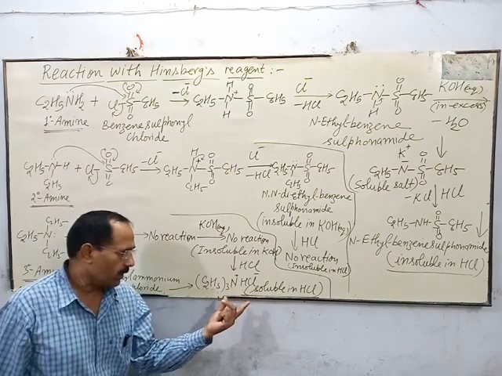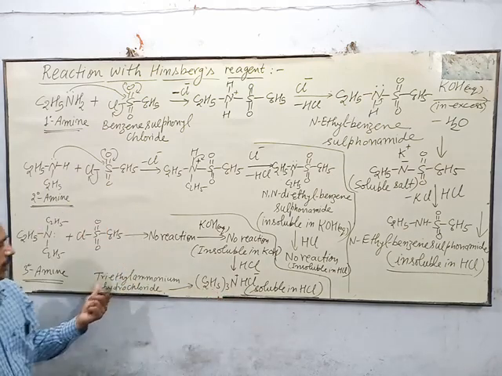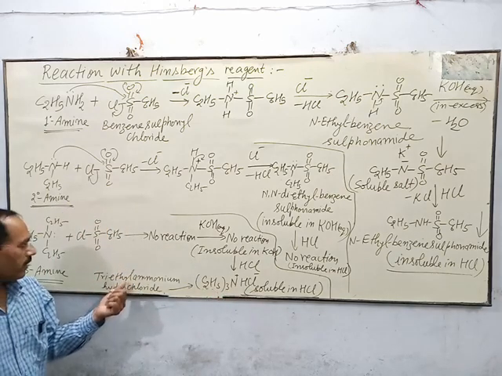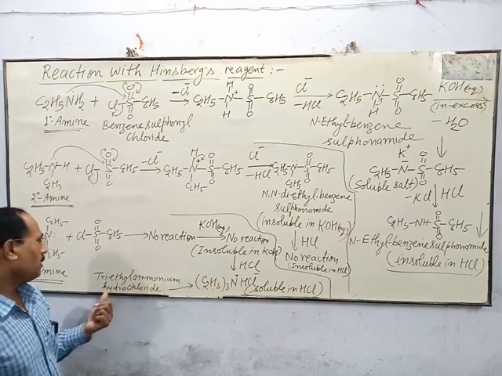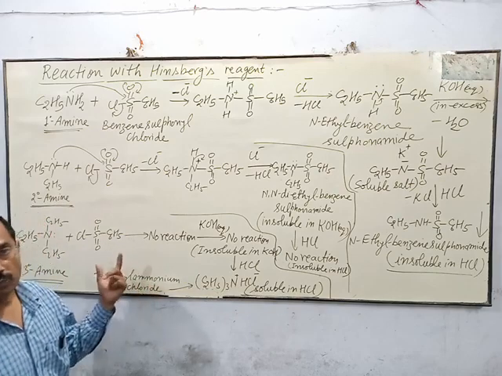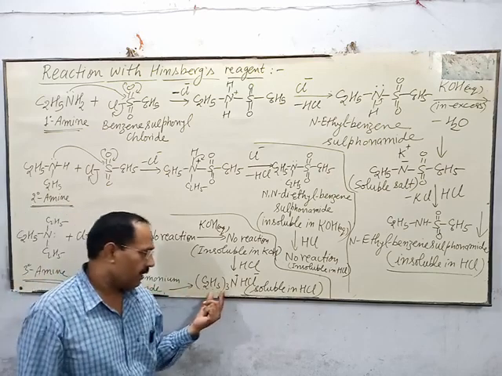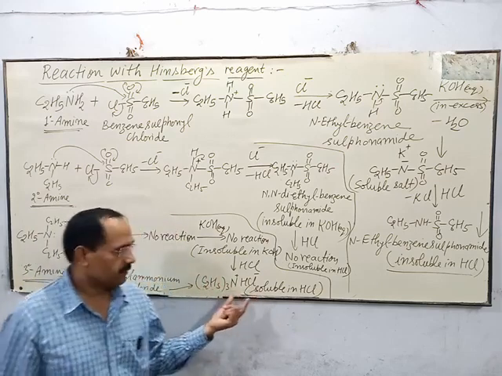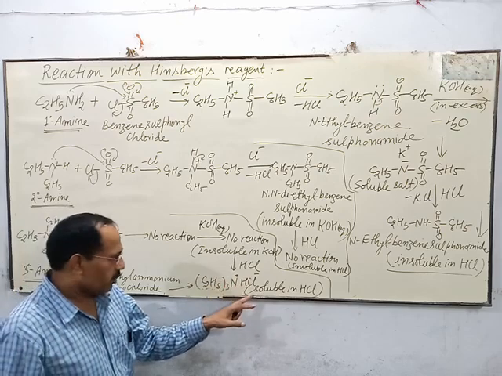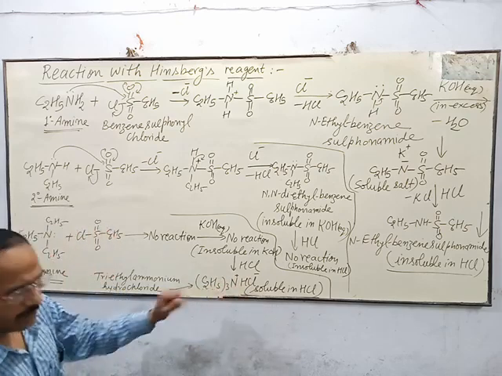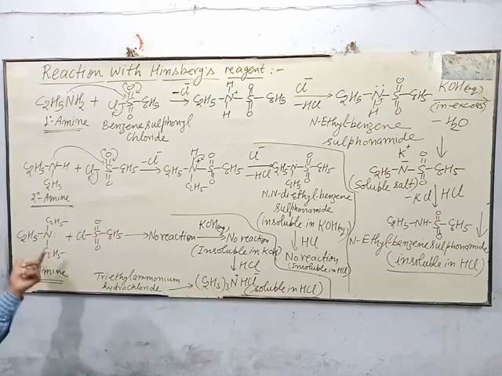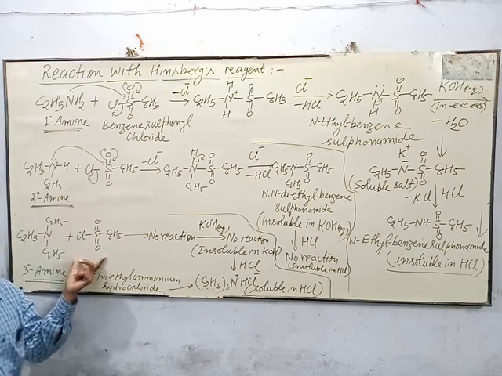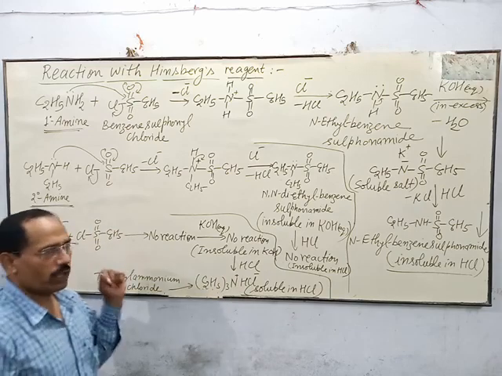Salts are soluble in HCl. This salt is triethyl ammonium hydrochloride. Due to formation of triethyl ammonium hydrochloride, a clear solution is obtained in HCl, but tertiary amine does not react with benzene sulfonyl chloride.